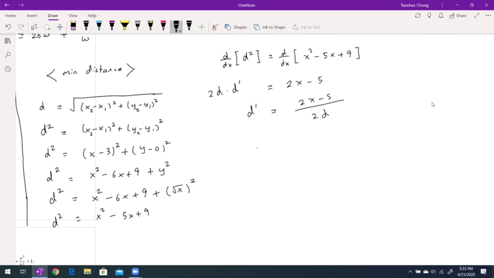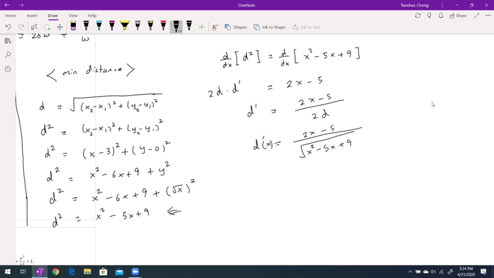So what is d? We need to have the derivative function in terms of x. So what is d? That is nothing but taking the square root right here. So that will be the square root of x squared minus 5x plus 9, substituting back. And that's what we got for the derivative function.